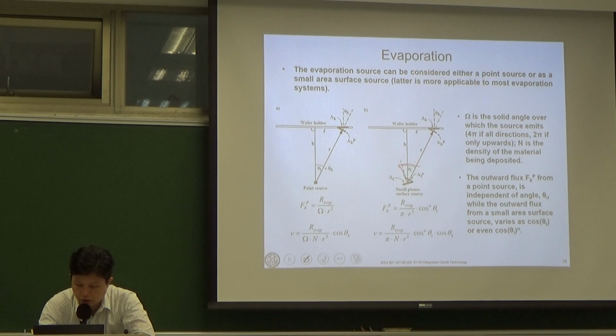You have to multiply by this term. And for the growth rate on your wafer placed on this flat holder, you multiply by another cosine theta K, similar to here.